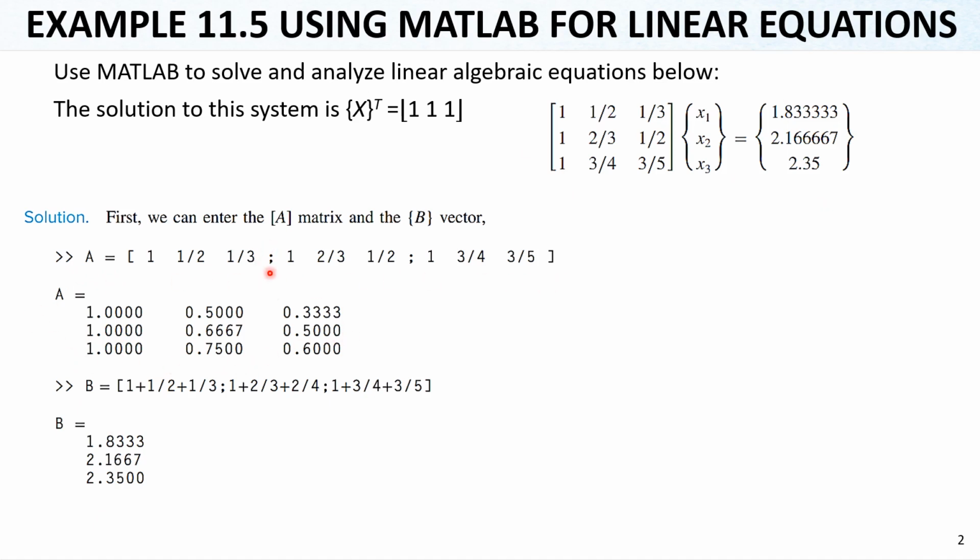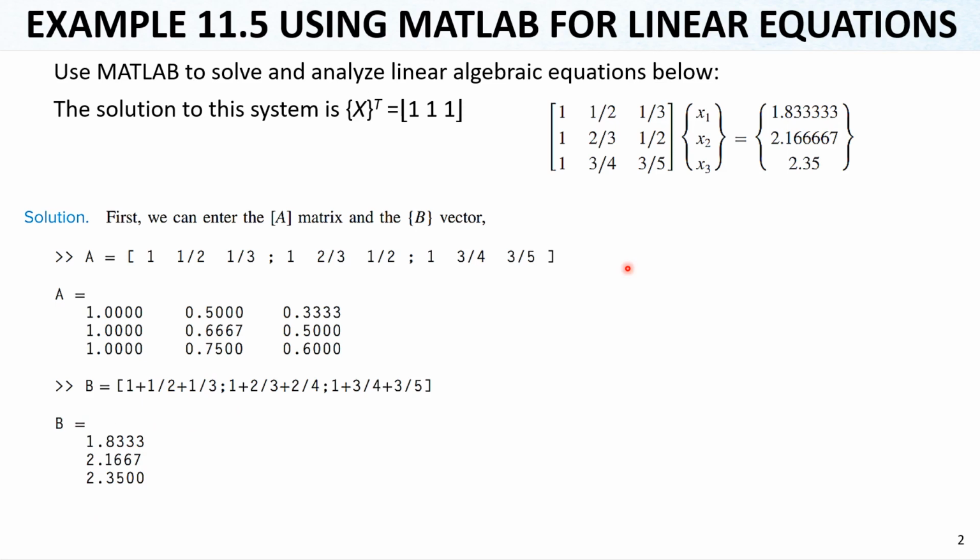The rows are separated from each other by this sign, the semicolon, and B is written the same way to get one column with rows.